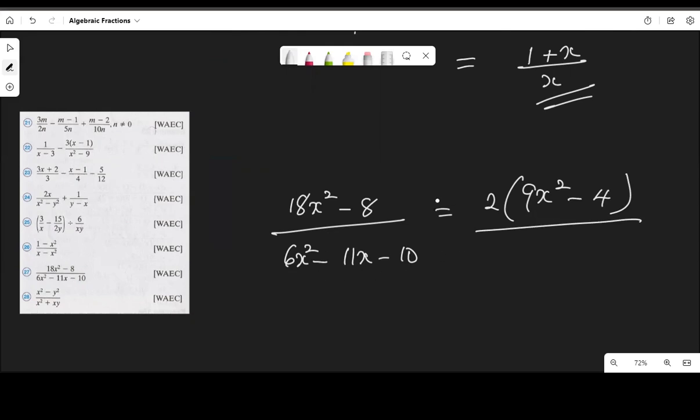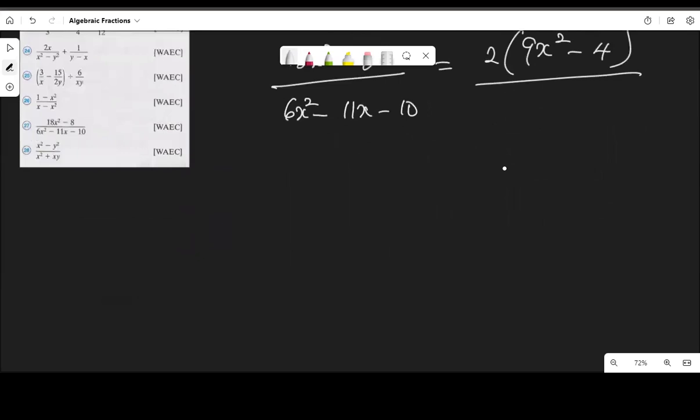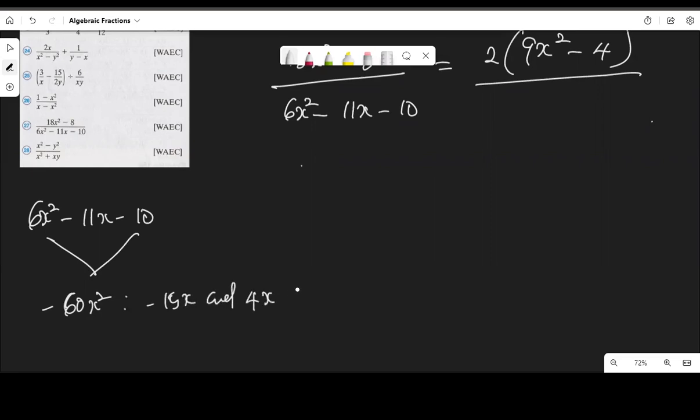So to factorize that, let me do it separately here. 6s squared minus 11s minus 10. We multiply 6s squared by this 10 to give me negative 60s squared. And 2 factors of negative 60s squared that can add up to negative 11s are negative 15s and 4s.